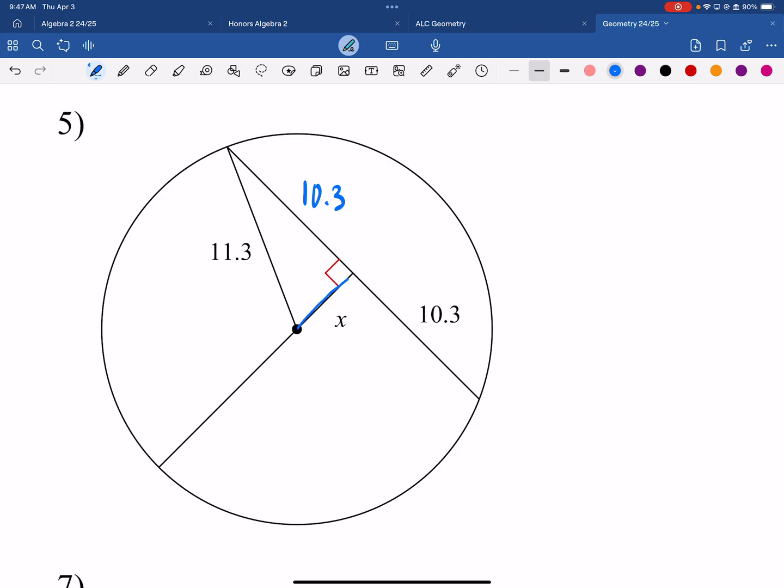Now if you notice, we have our right triangle right here. If I can find that value as a leg, so we're going to go x squared plus 11.3 squared. That's not right. Why did I know that was wrong? What was I about to put? I was about to put 10.3 squared. How did I know I messed up?